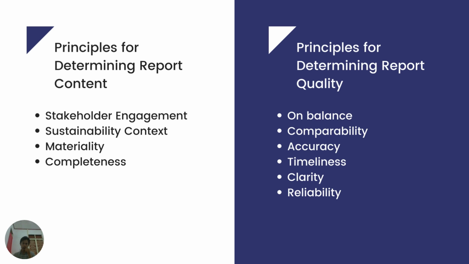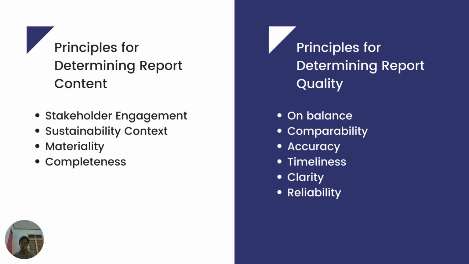Number C is materiality. The report must cover all the aspects that reflect the significant economic, environmental, and social impact of the organization, or that substantially influence stakeholder assessment and decision.